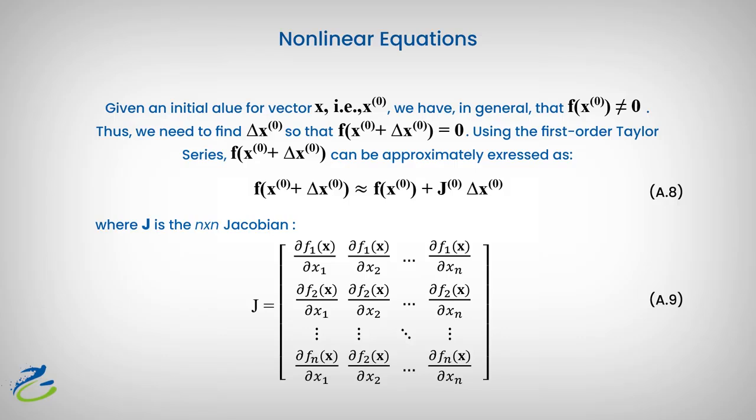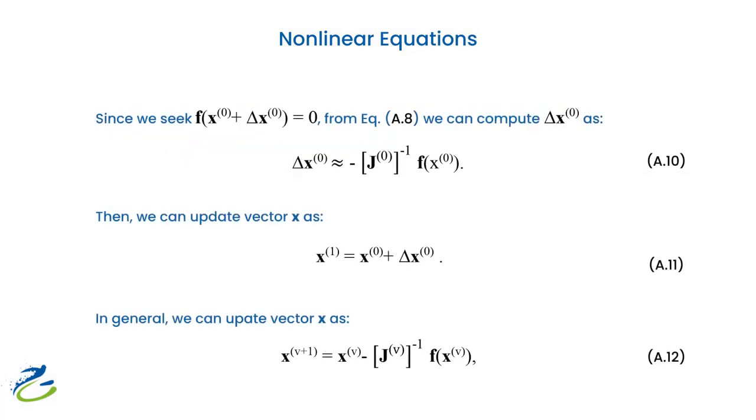Jacobian matrix is a square matrix that differentiates each equation with respect to the variables. Therefore, we have in the first row partial f1 partial x1 and partial f1 partial x2, and the last element is partial fn partial xn. Because we seek to make f of x naught plus delta x naught equal to 0, we can compute delta x naught as minus J naught minus 1 multiplied by f of x naught.